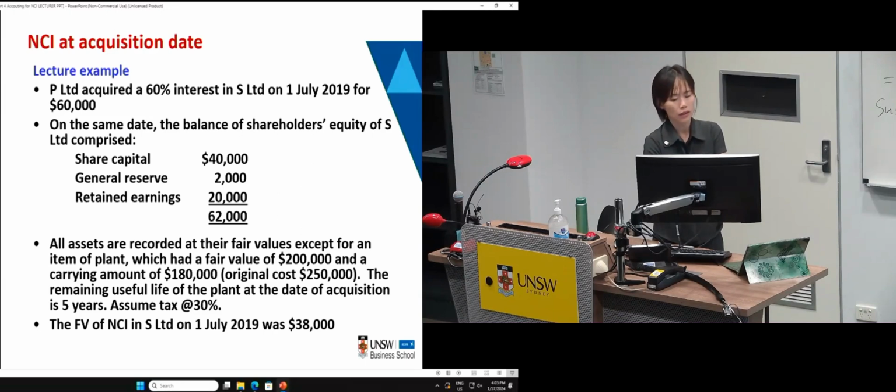The difference is your adjustment. You can simply calculate it as 200,000 minus 180,000, that is 20,000, right? So 20,000 divided by 5 years, each year we should adjust 4,000 of the depreciation. Right. Now what else do we know? A fair value of NCI. With this information, you can apply the full goodwill method.